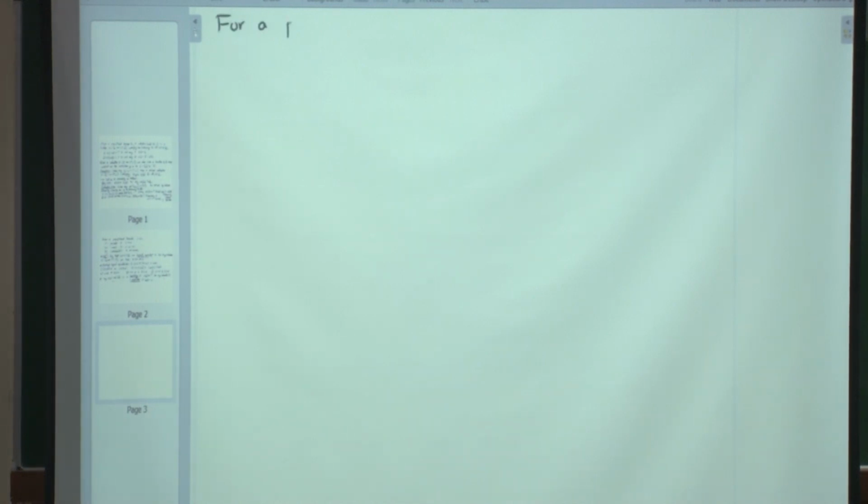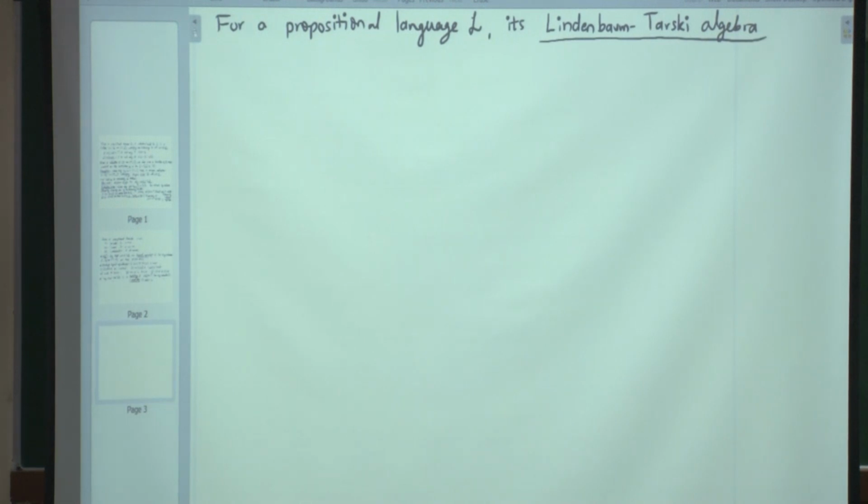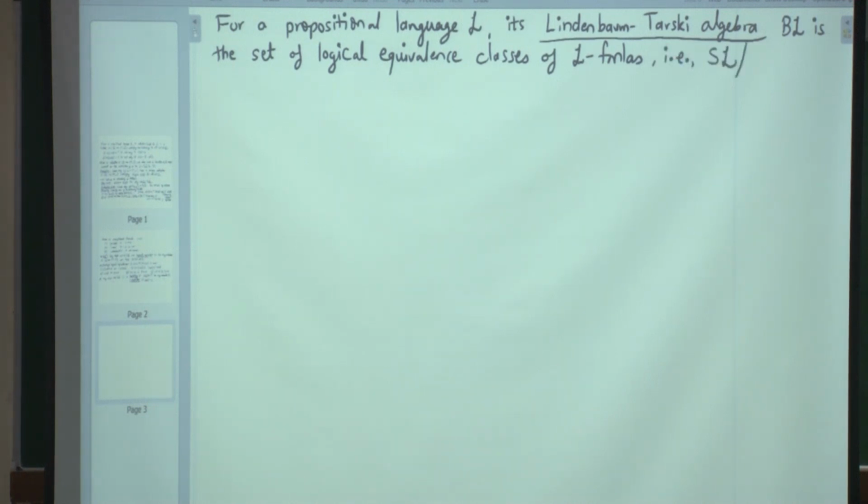For a propositional language L, its Lindenbaum-Tarski algebra BL is the set of logical equivalence classes of L formulas, i.e. SL modulo equivalence.